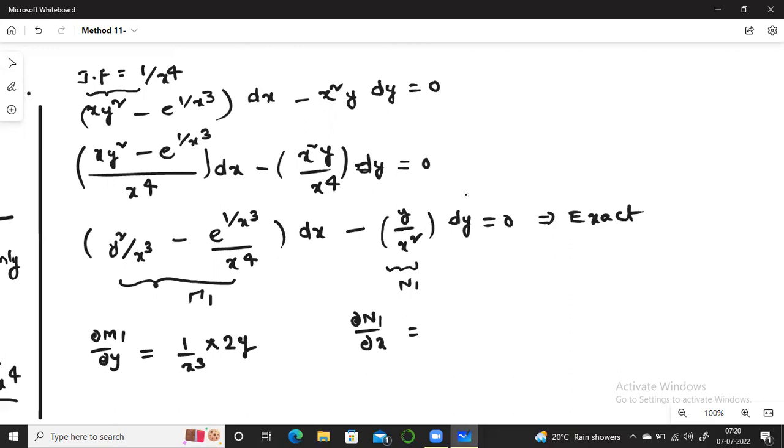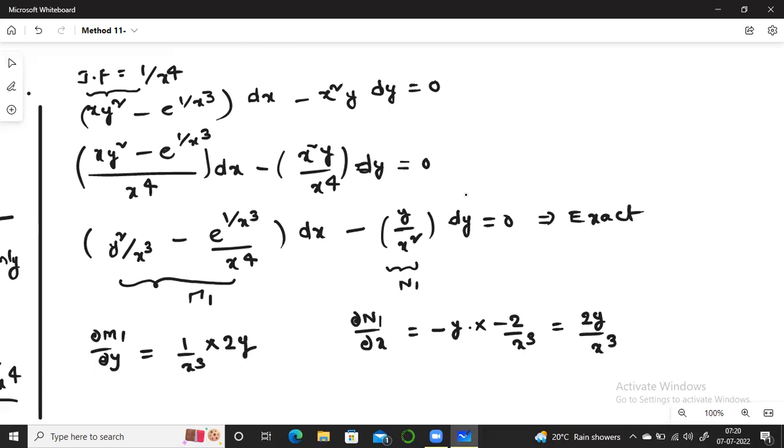Minus, y is constant, 1 over x squared means x to the power of minus 2, so minus 2 into x to the power of minus 2 minus 1, which is minus 2 into x to the power of minus 3, minus 2 over x cube. So finally you are getting 2y over x cube only.